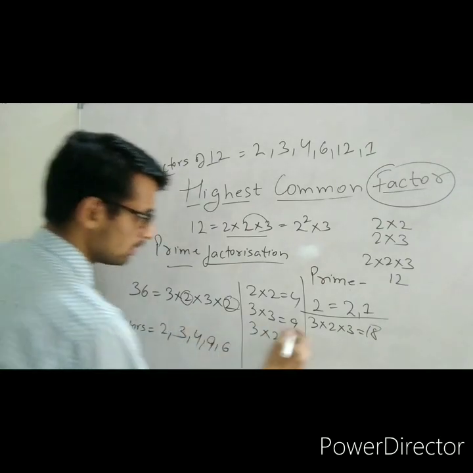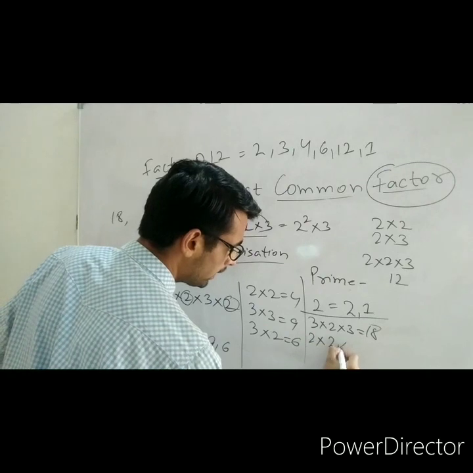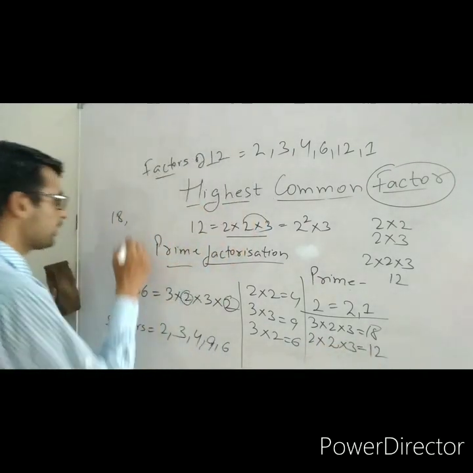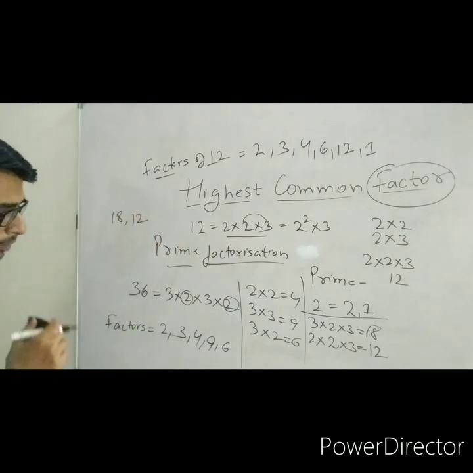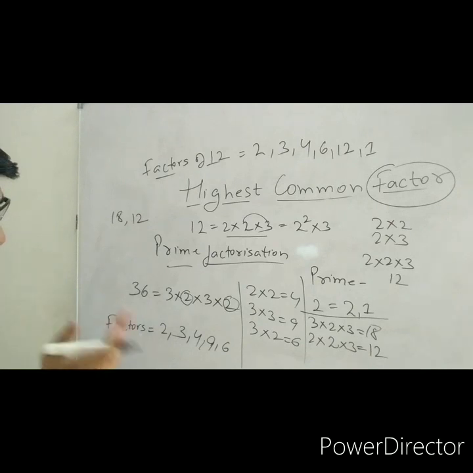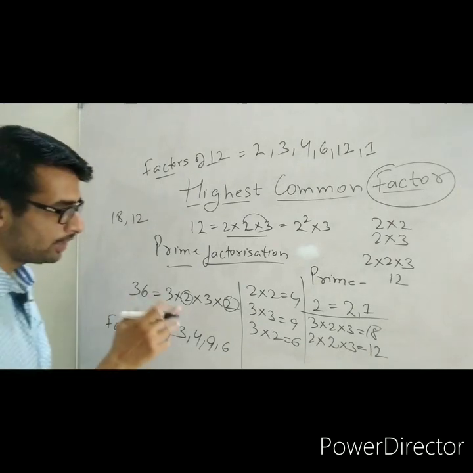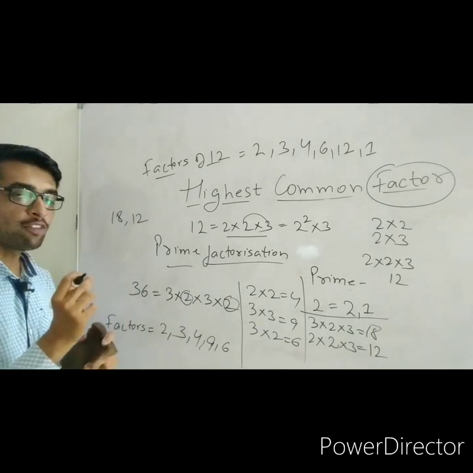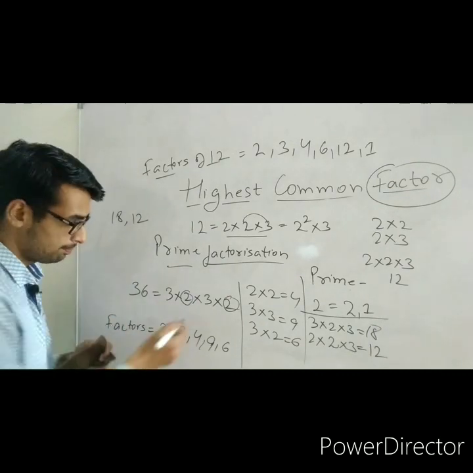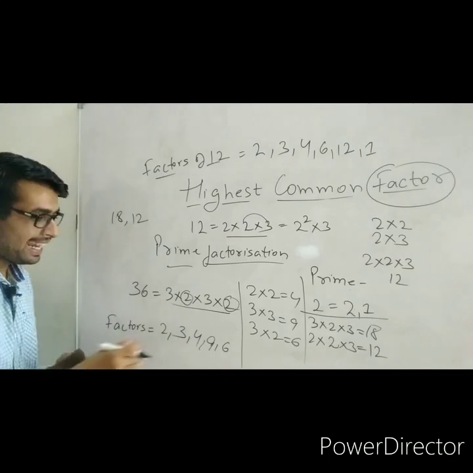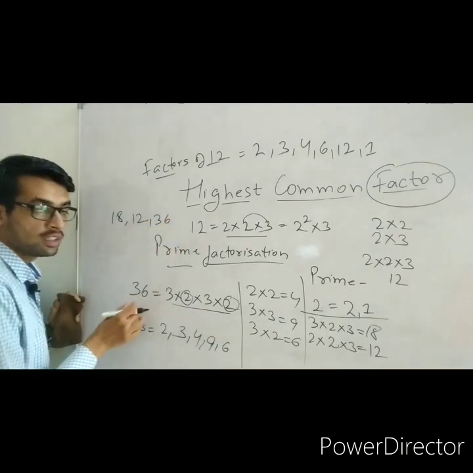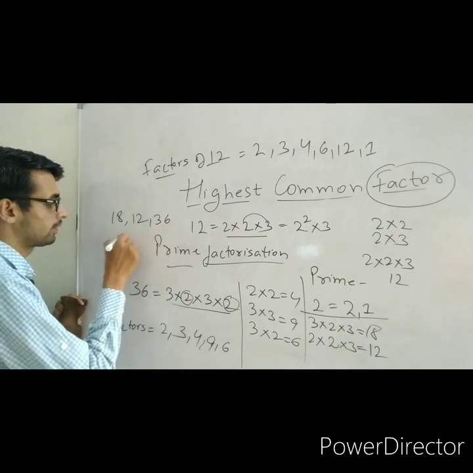Another combination is 2 multiply 2 multiply 3, which is 12, so 12 is a factor of 36. Can you make any other combination? Now we have to make a combination of four numbers. We already have four numbers, and this is equal to 36. So 36 itself is a factor of 36, and 1 is always there.